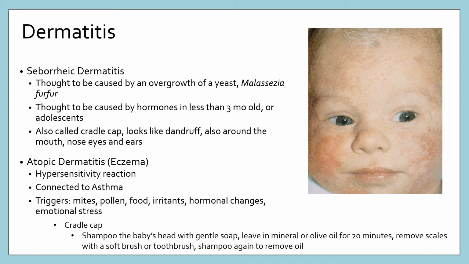If a parent brought a child in with eczema, I would ask if they had any trouble with breathing, or if they needed any inhalers, or if they had a chronic cough or anything like that. Sometimes eczema can be triggered by things like mites, pollen, different foods, irritants, hormones, stress. These are things you need to ask about in the interview process.